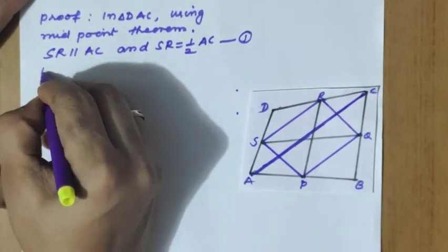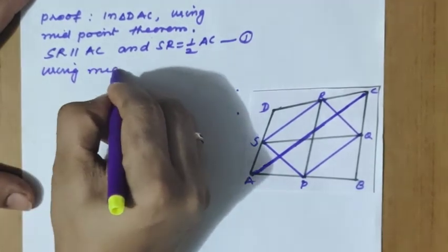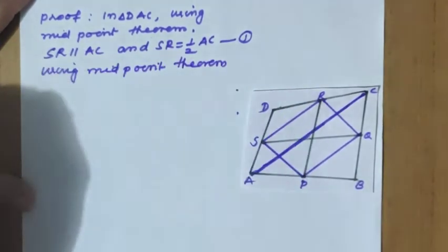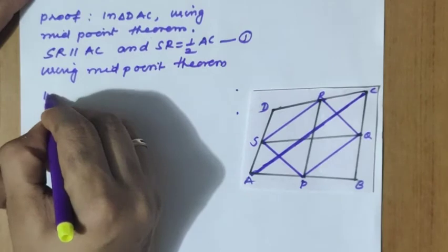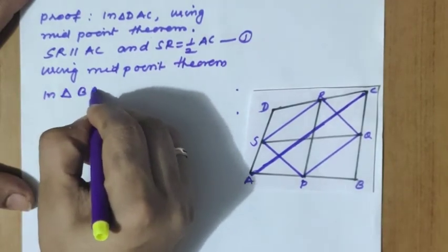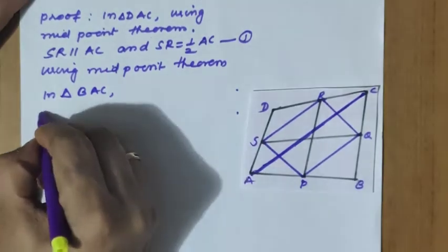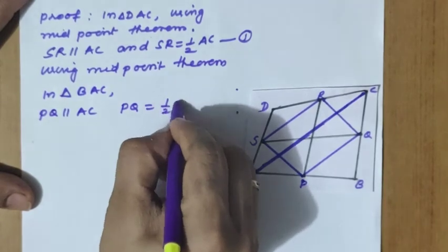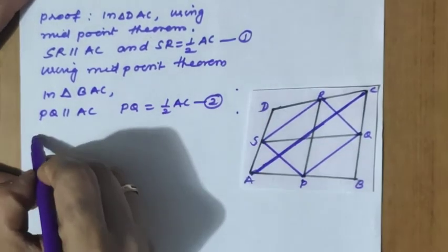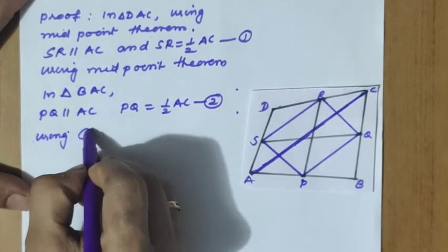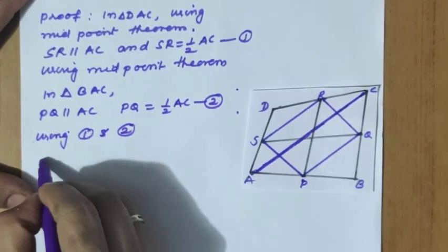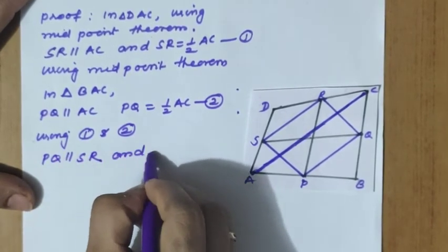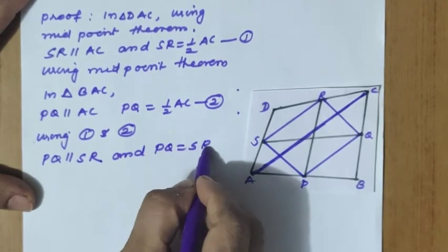Now which is the next triangle? BAC. Same rule, using the midpoint theorem. In triangle BAC, PQ is parallel to AC and PQ is equal to half AC. Equation number 2. Now using 1 and 2, we can write PQ is parallel to SR and PQ is equal to SR. Now how many pairs did we get?